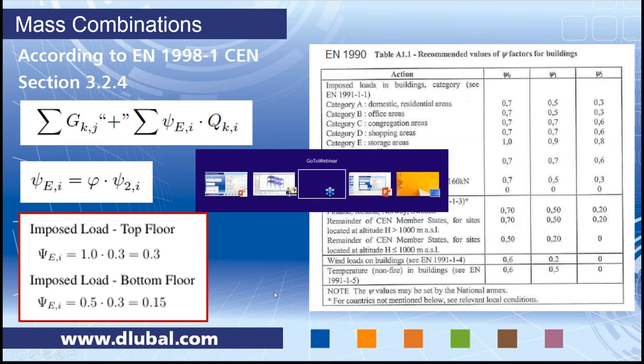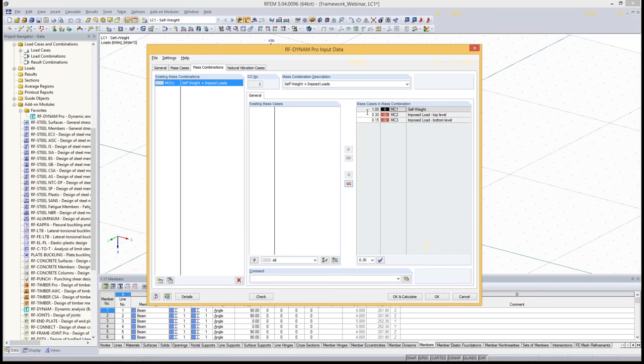We have a look again at our RFEM, and these are indeed the values RF-DYNAM Pro applied. In case you are working in accordance to any other international standard, you can just change these values either by choosing a value from the drop-down list, or you can enter a value here and apply it with the tick button. So that's our mass combination.